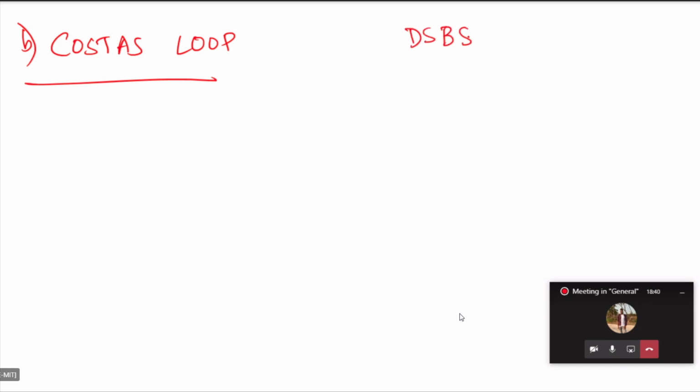So this is coherent detection, and next is Costas loop. This is another method for DSBSC signal demodulation. Let me draw the circuit for the Costas loop.